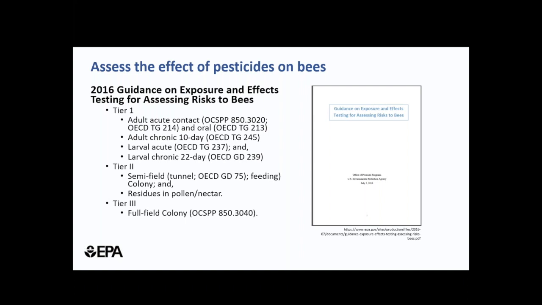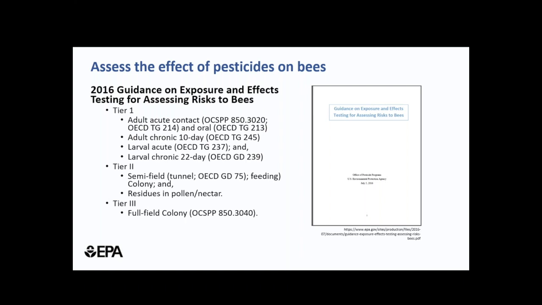The chronic toxicity tests with adult bees follow OECD Test Guideline 245, which examines young adult bees dosed for 10 consecutive days, while the chronic tests with larval bees, OECD Guidance Document 239, doses larvae for 4 consecutive days as they transition from the second instar until they enter pupation and stop feeding. These tests extend through adult emergence and therefore represent the full development of worker bees from egg to adult.